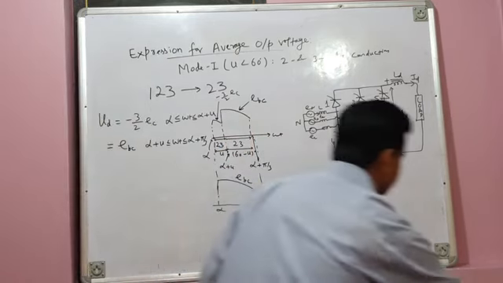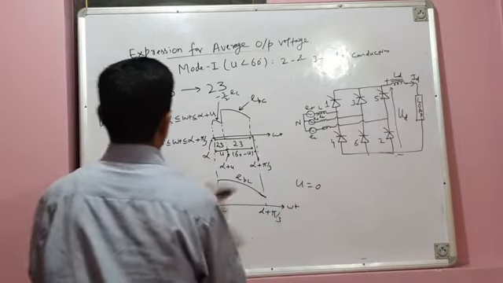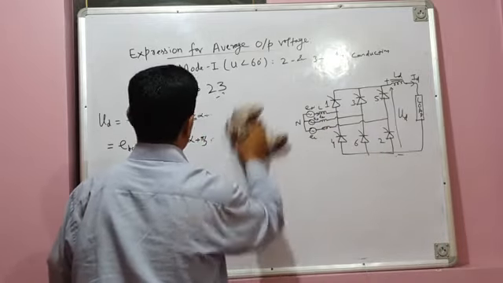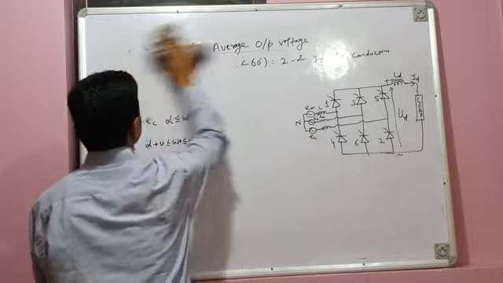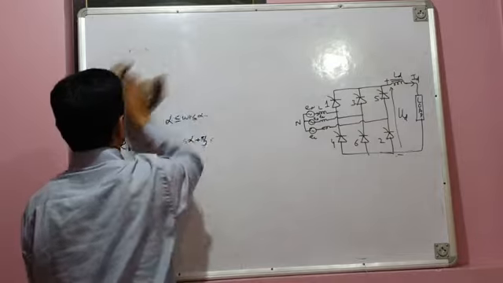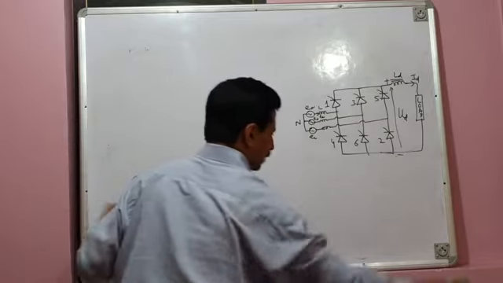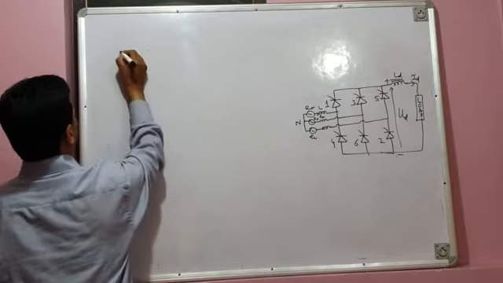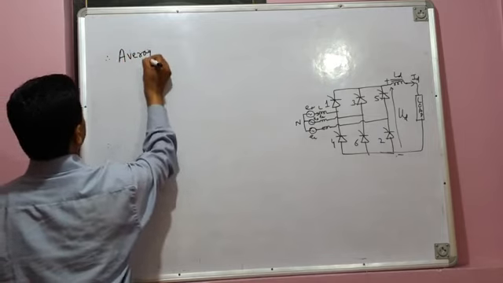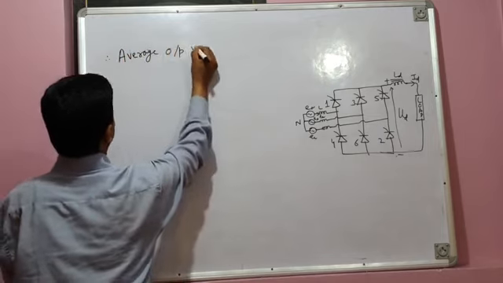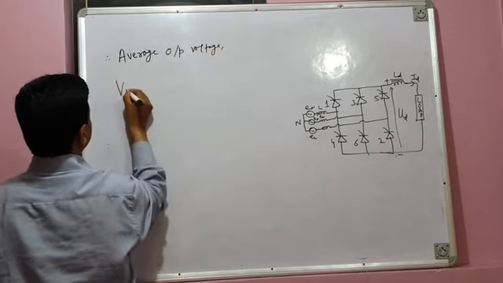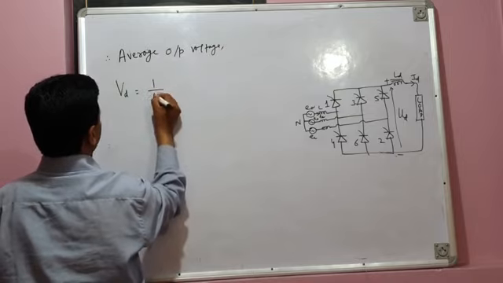Fine. So with this in mind, we can now derive the mathematical expression for converter average output voltage. So I will write here, average output voltage is given by capital VD is equal to 1 by pi by 3.